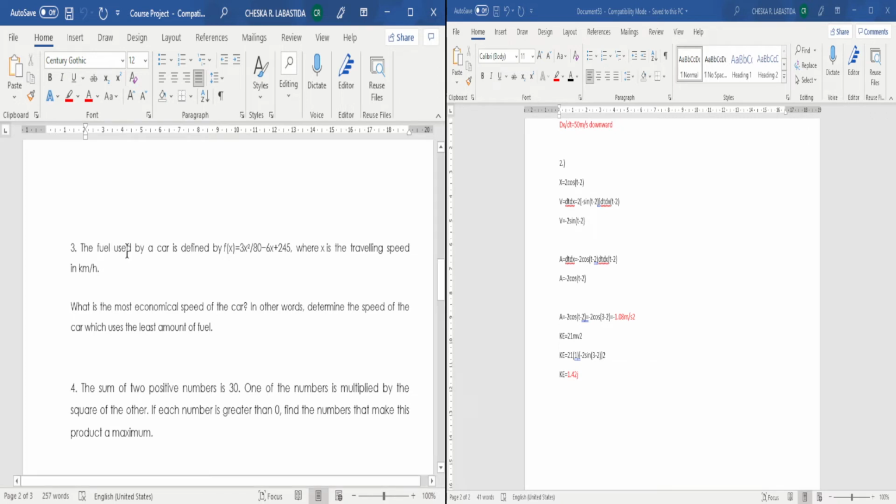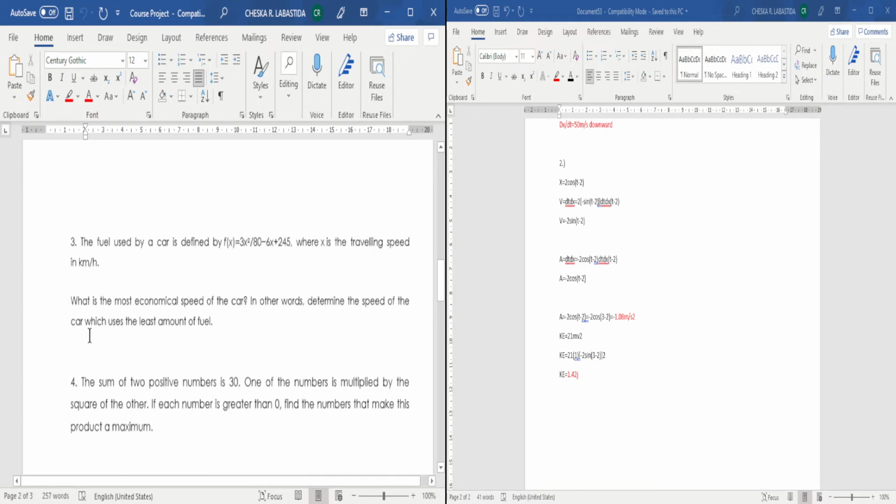The fuel used by a car is defined by f(x) = 3x squared divided by 80 minus 6x plus 245, where x is the traveling speed in kilometers per hour. What is the most economical speed of the car? In other words, determine the speed of the car which uses the least amount of fuel.